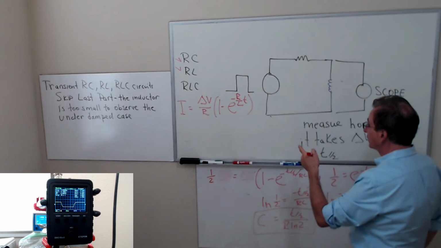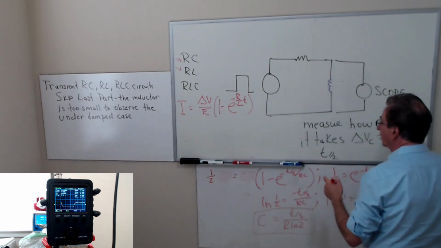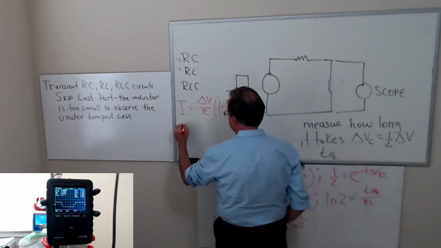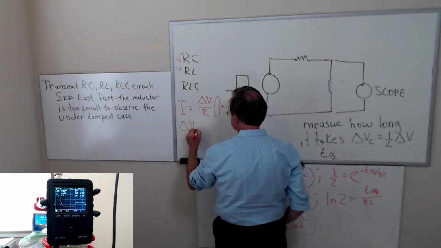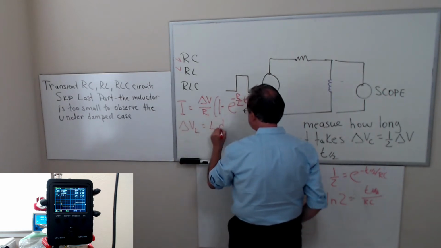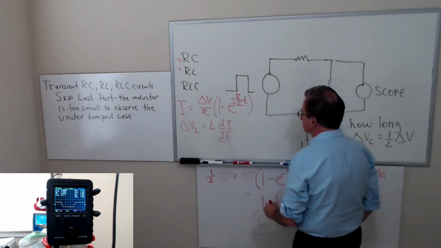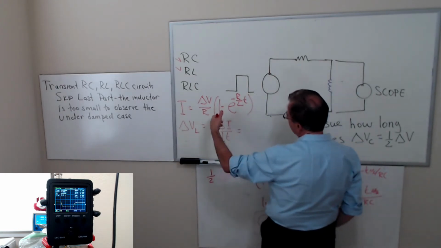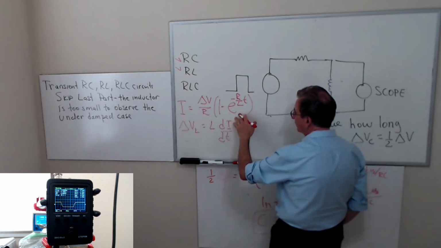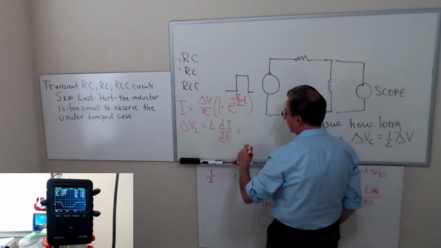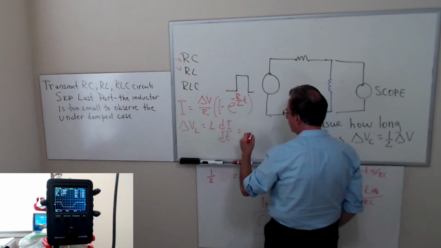So we're going to measure delta V sub L. How do I find the voltage across the inductor? Well, the voltage across the inductor is L di/dt. If you take the derivative of this with respect to time, this is a constant, and then multiply by L, you will get the following.